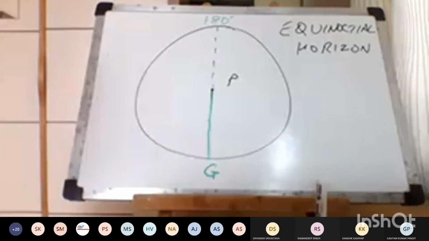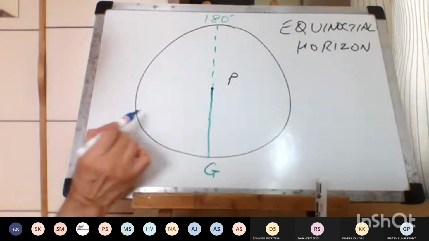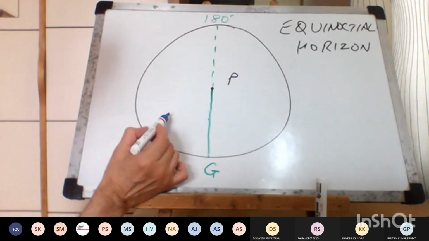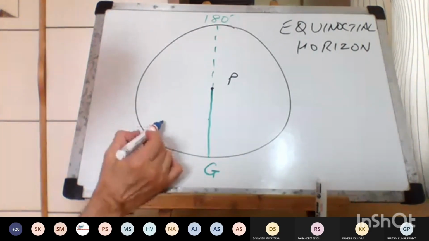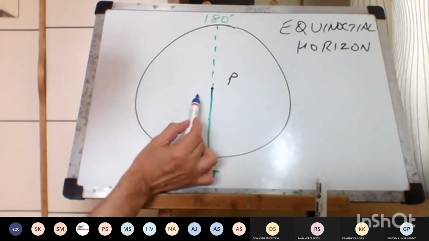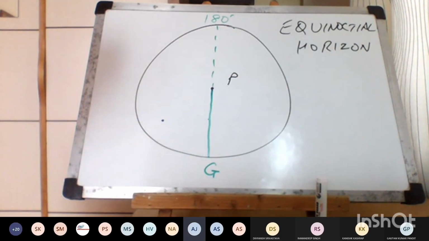Now, if there is a star on the celestial sphere, let us say there is a star here having 25-degree declination. Where should I put it, here or here? Down below. Yes, sir.